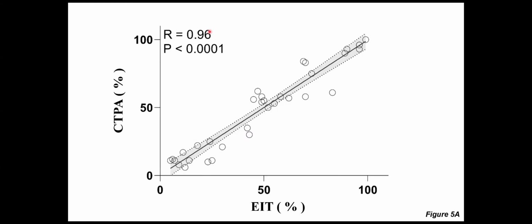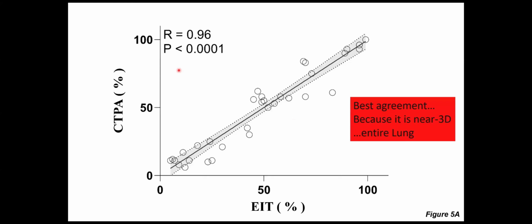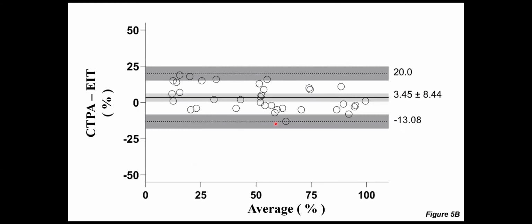But once we use the clot burden, which represents almost the total lung, a thicker slice of the lung, then the correlation got even better, with the best agreement among all, and also better limits of agreement.